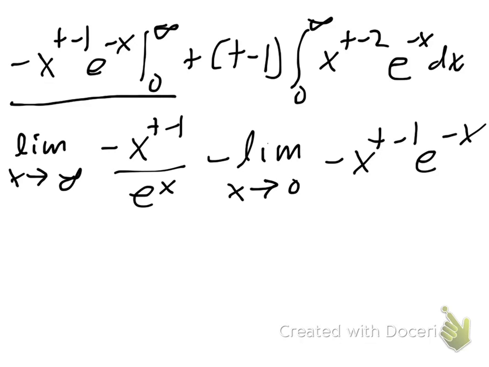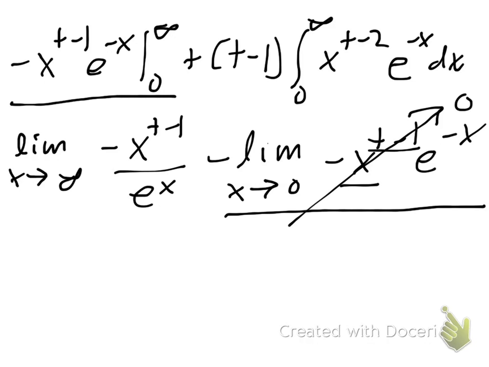Now obviously this second term goes to 0, because when x is 0, this is 0, so 0 to anything is still 0, and times anything is still 0, so this whole term just goes to 0.